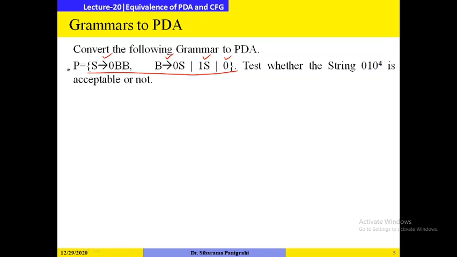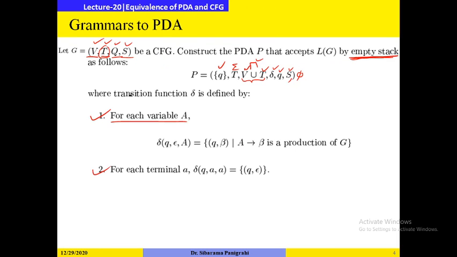So what are the variables and terminals? There are two variables: one is S, another one is B. And the terminals are 0 and 1. So in step number 1, for each variable A, a production is in the form A gives beta.